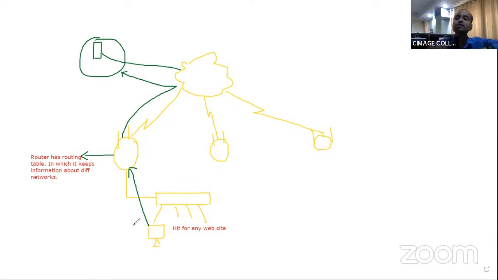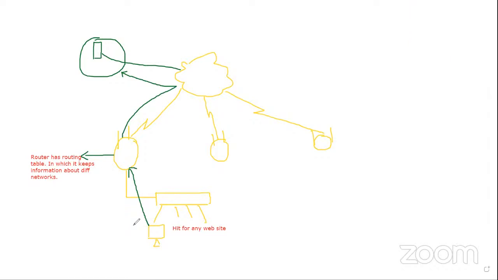And from that large table, if this router will try to get some information, then it will take too much time. Overall, your internet connection will be slow. This is the one point.